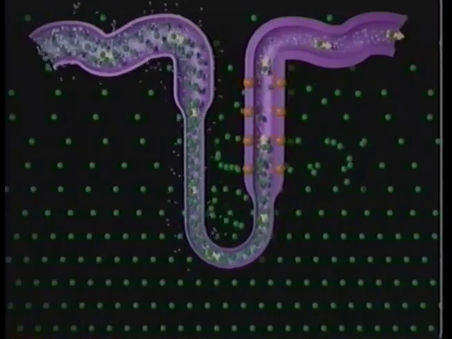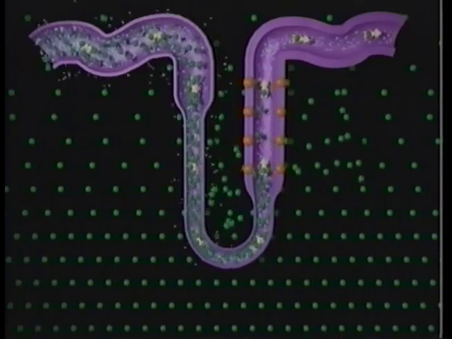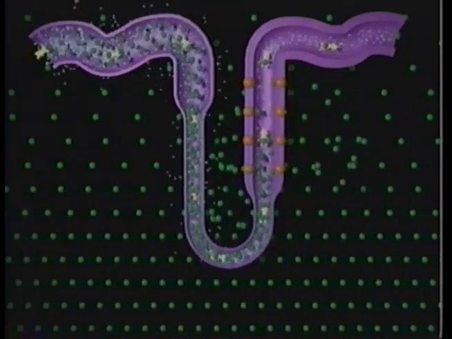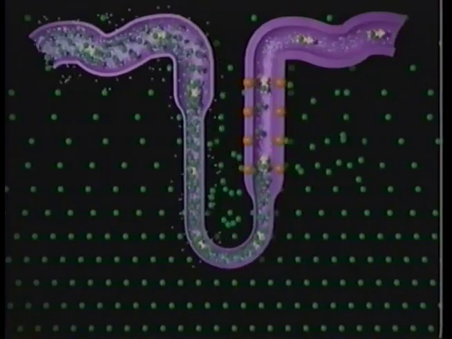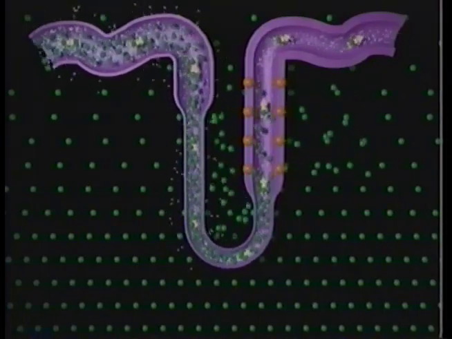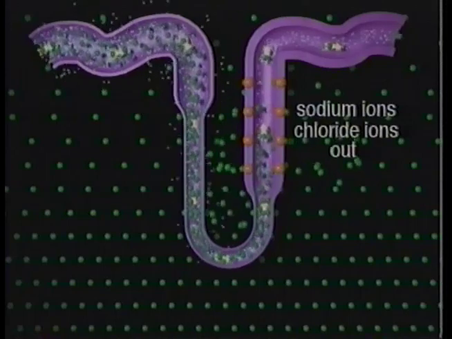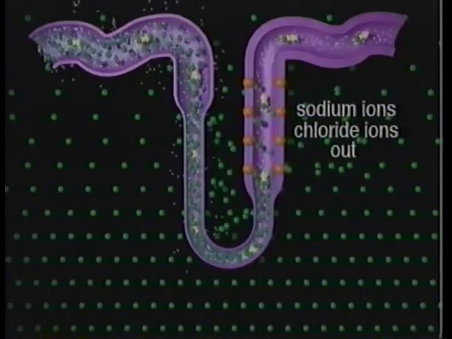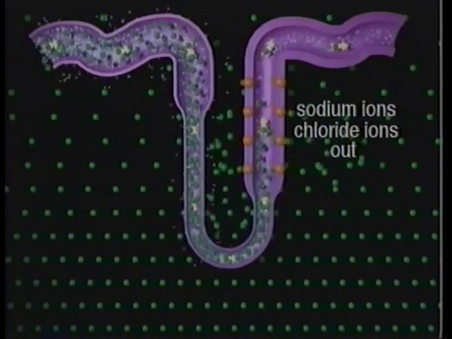Water is not reabsorbed here, nor can solutes diffuse into the tubular fluid. Sodium ions and chloride are the most abundant ions in the tubular fluid, and large amounts of sodium and chloride are pumped out of the tubular fluid as it travels along the ascending limb.